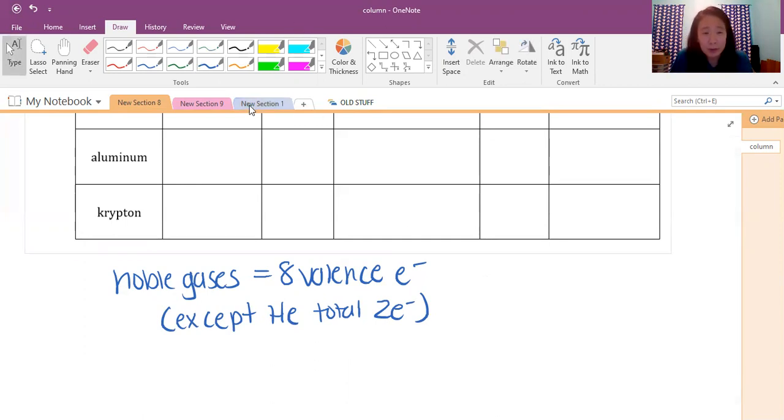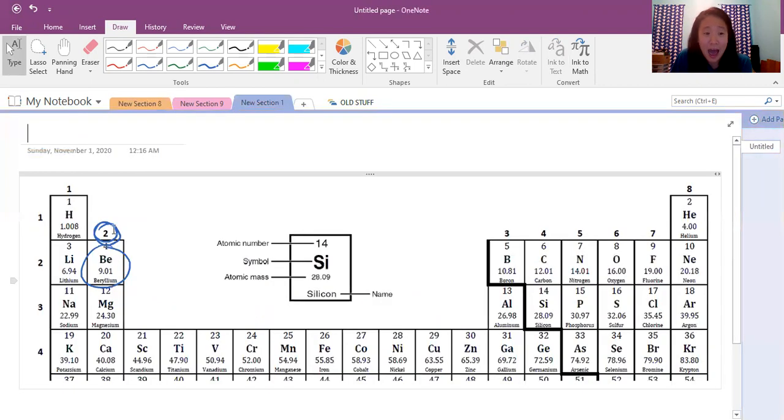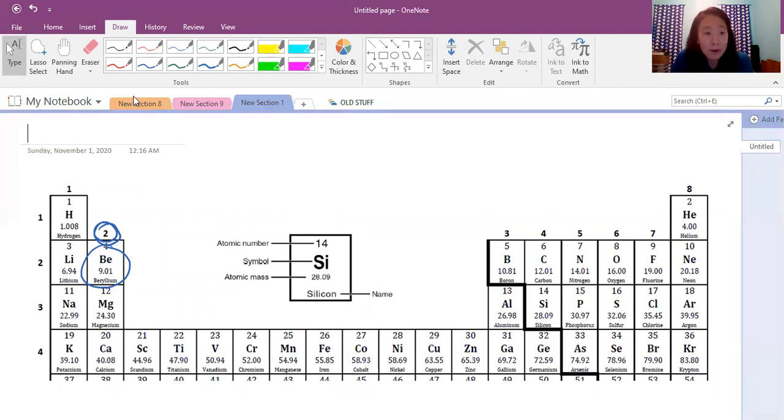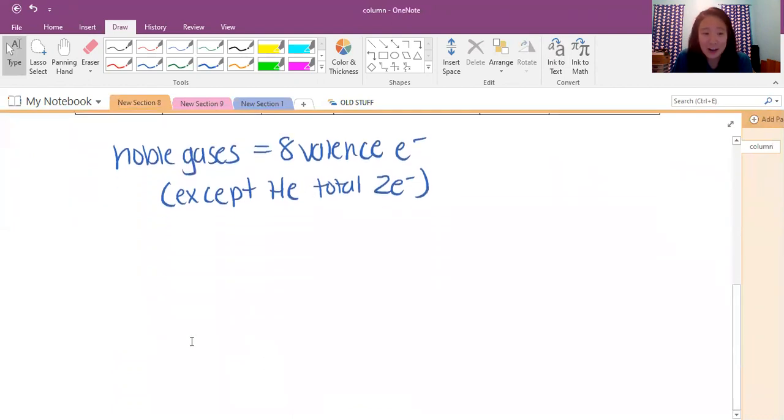So you look at beryllium and you're like, okay, beryllium has 2 on the outside. How can I look like a noble gas? I either need 8 on the outside, or if I'm small enough, I can look like helium. The whole point, remember, is not to sit here and draw all of them. Some of the elements are too big to draw every single circle.